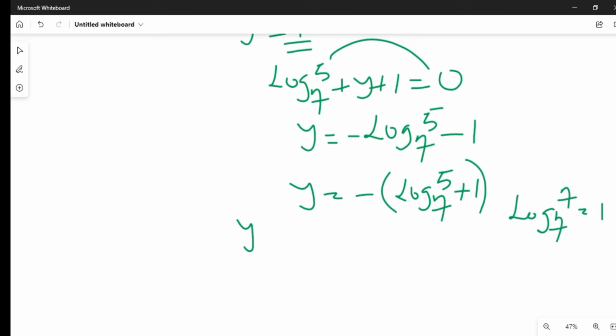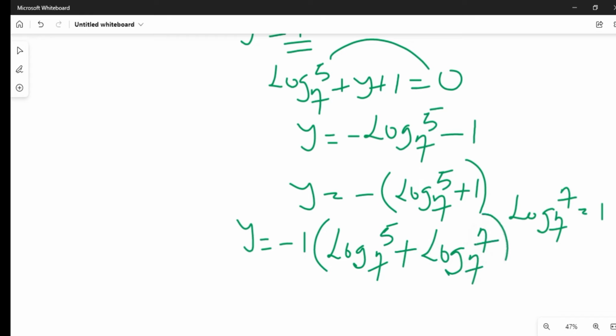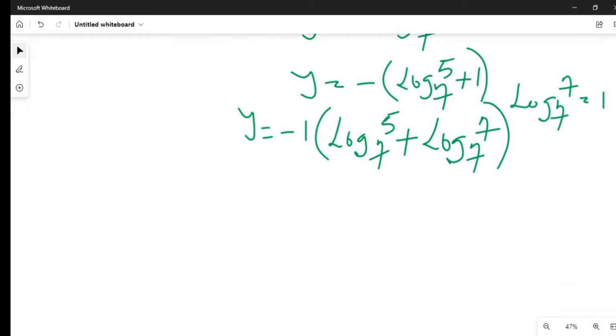We'll have y equal to minus the bracket log of 5 base 7 plus log of 7 base 7. Simplifying this, y is equal to minus the log base 7 of 5 times 7.